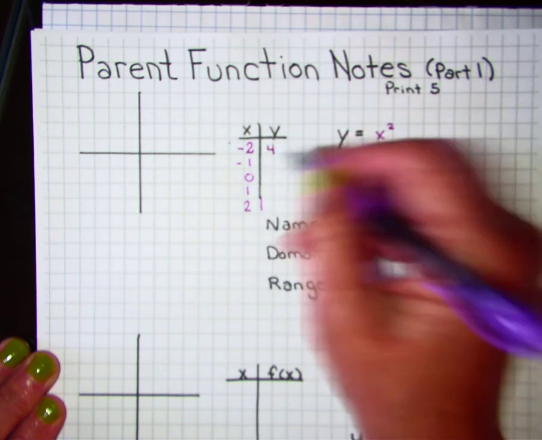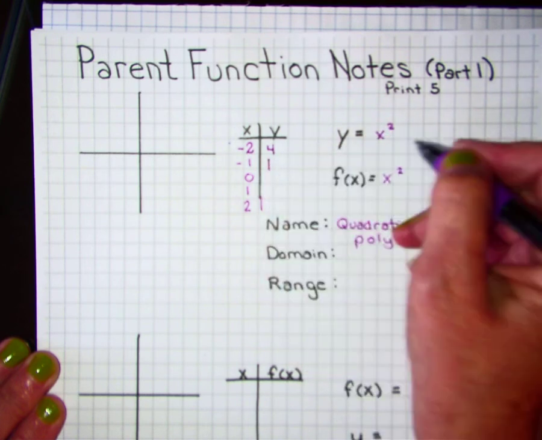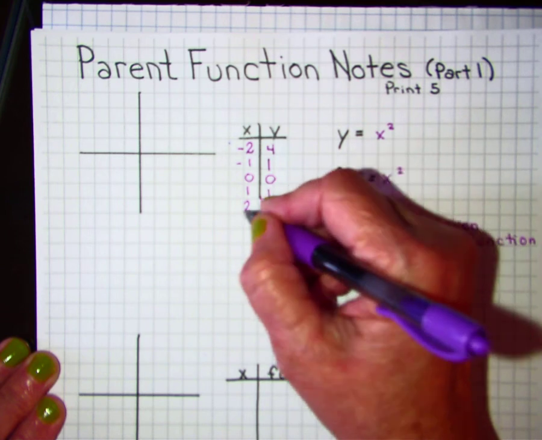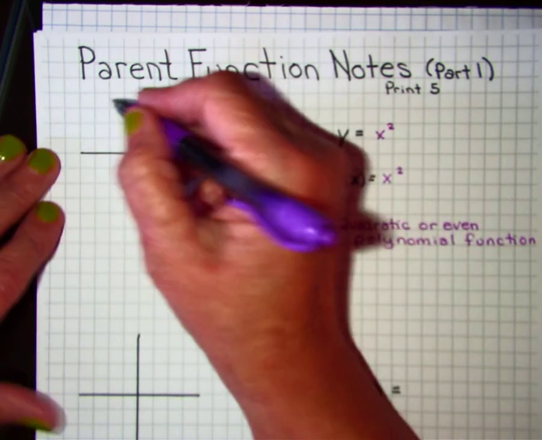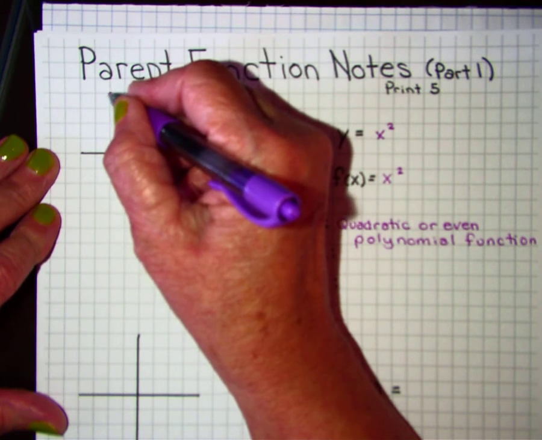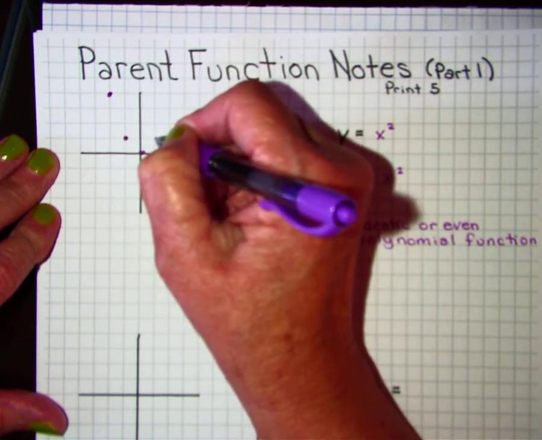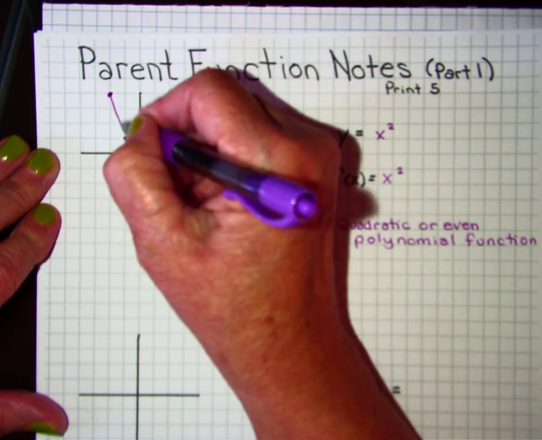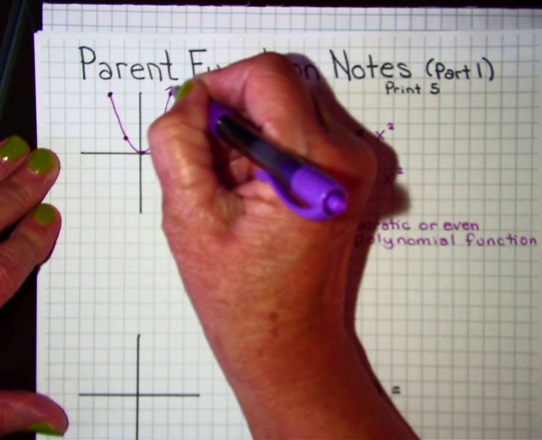A -1 will become -1 times -1 being 1. 0 is just 0. 1 will become 1, and 2 squared is going to give you 4. So when I plot this, I'll plot -2, 4, -1, 1, 0, 0, 1, 1, 2, 4. And I'm just plotting enough points that I can get the shape of the function.